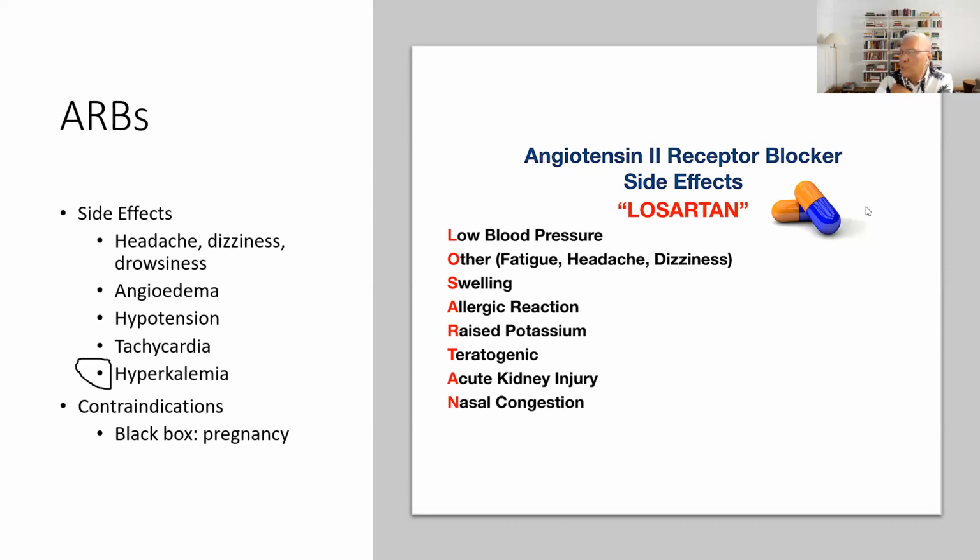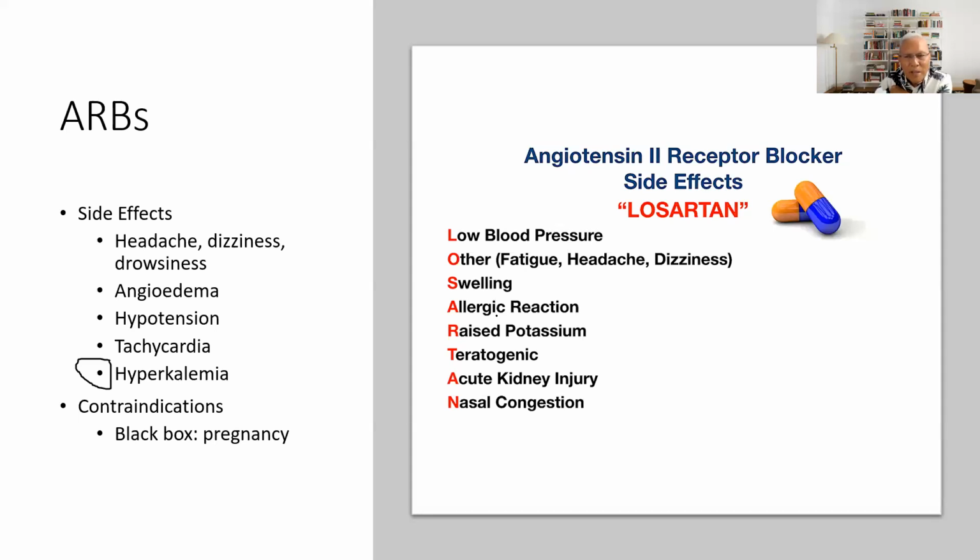So similar to Captopril for ACE inhibitors, people have said that in order to remember ARBs, angiotensin receptor blockers, you need to think of losartan. The L will stand for low blood pressure. O for other signs and symptoms like fatigue and dizziness.